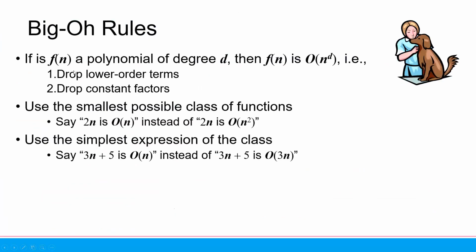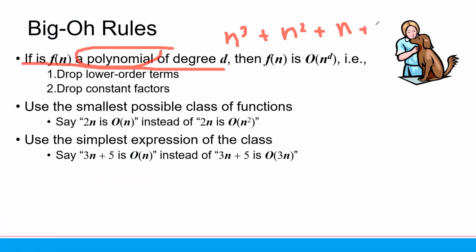So we call these the big O rules. Now the big O rules are the same as the constant factors that we learned before. If Fn is a polynomial of degree D, polynomial degree means you have n power of 3, n power of 2, n, and then plus a constant.